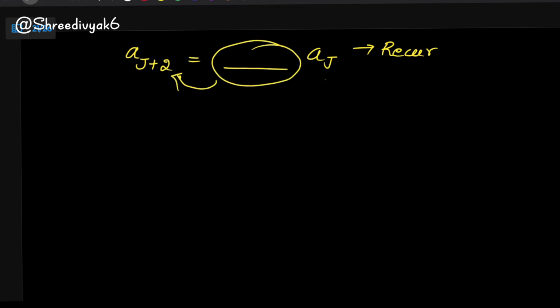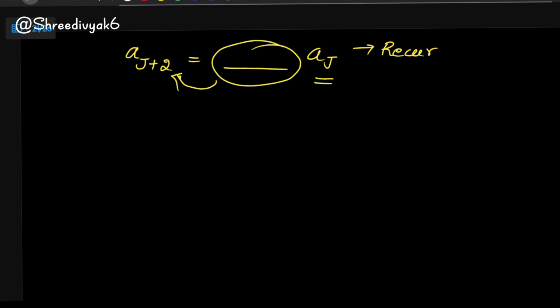recursion relation. Now how are we going to modify it? Just look at this, I had a j plus 2 as something in terms of a j, as a recursion relation. Now what I'll do is take everything to the other side and write this a j.